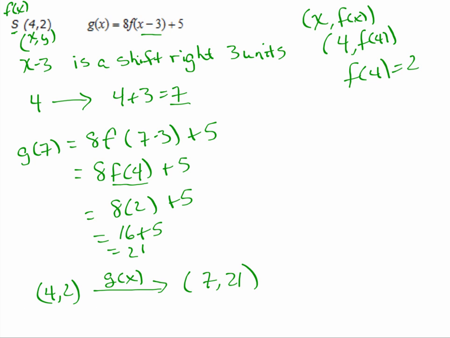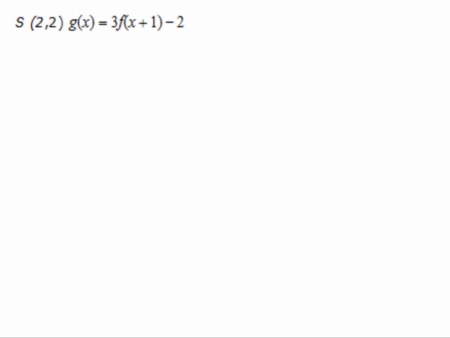Let's do another one of those. So on f, I have the point s. And I'm going to go ahead and rewrite it this time as 2, f of 2. So f of 2 in this case is 2. Now I'm going to come down and look at my transformation.